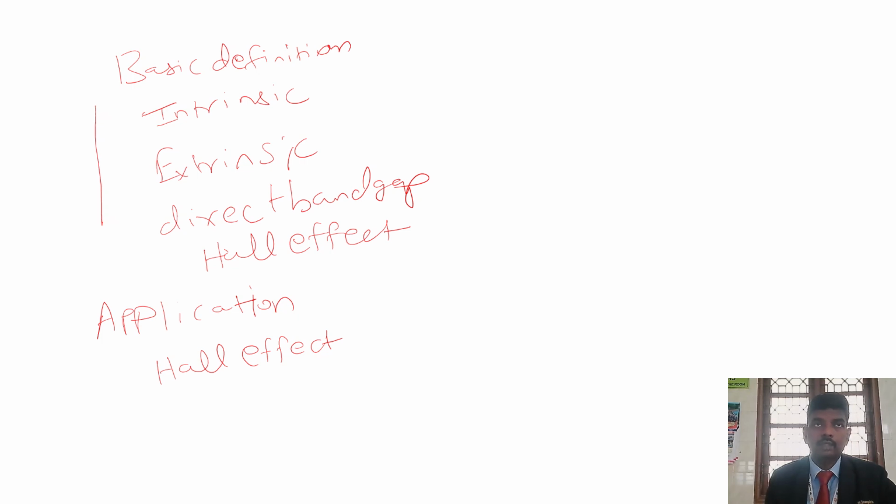For example, for a material, what is the method to find out the type of extrinsic semiconductor? What is the instrumentation technique used to find out the type of extrinsic semiconductor? That is the Hall effect, and we know that it is based on the Hall coefficient RH. If the RH value is negative, then we know that it is N-type.